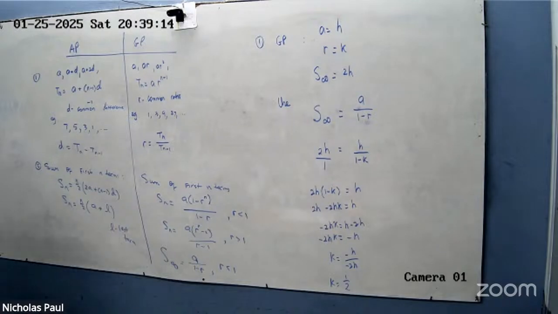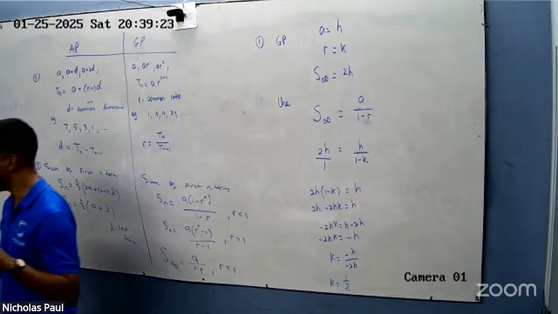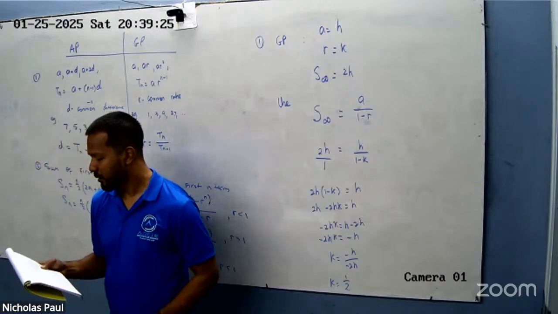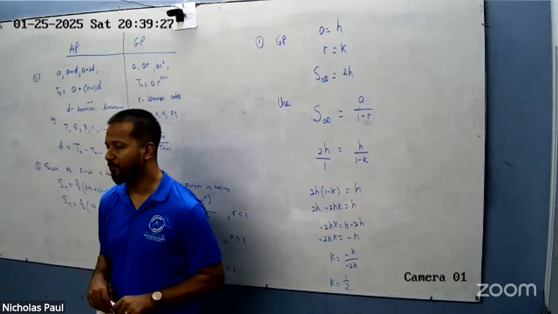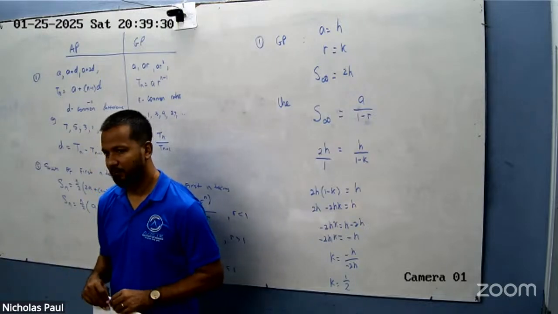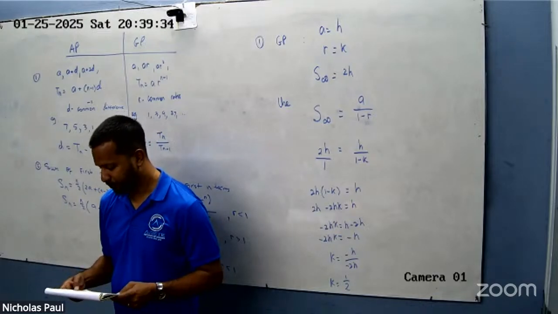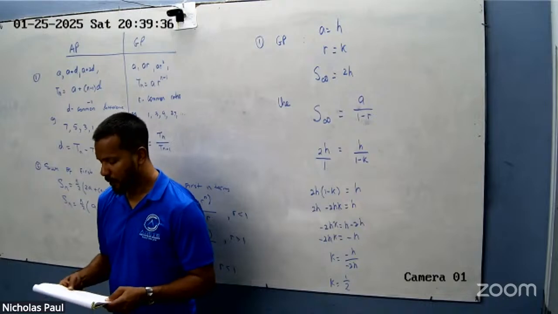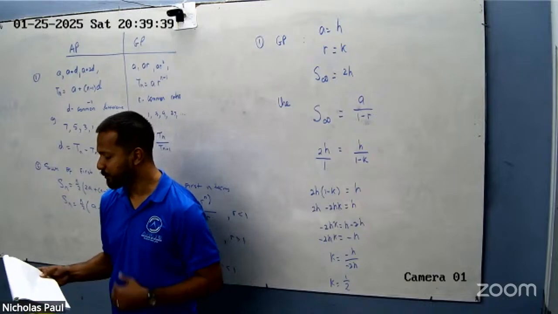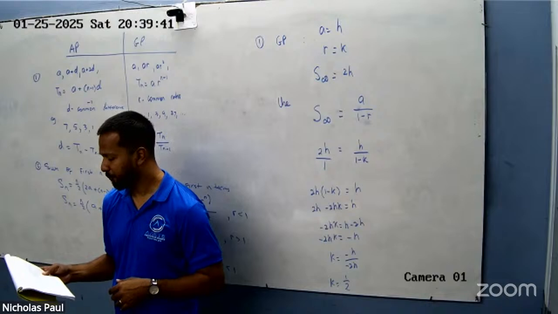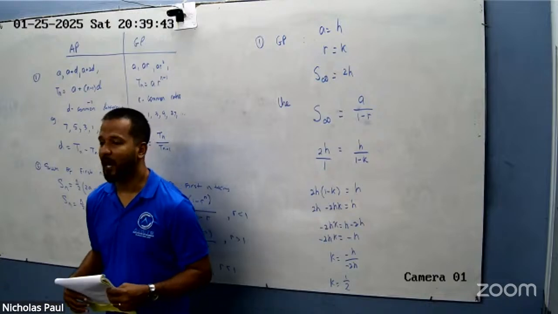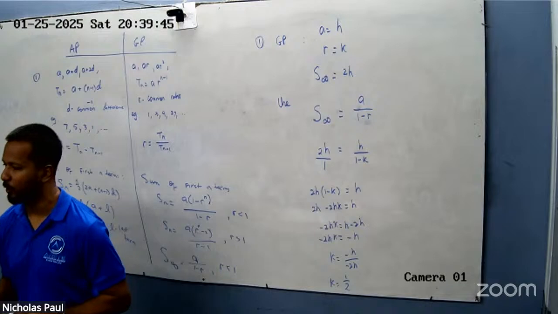An AP has first term 3 and the common difference D. Full stop.